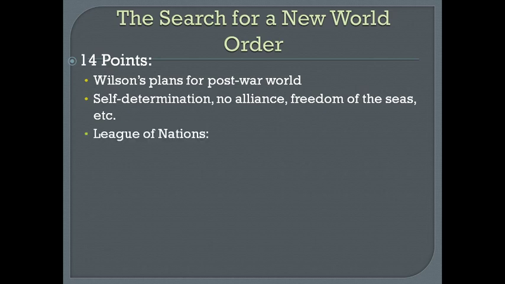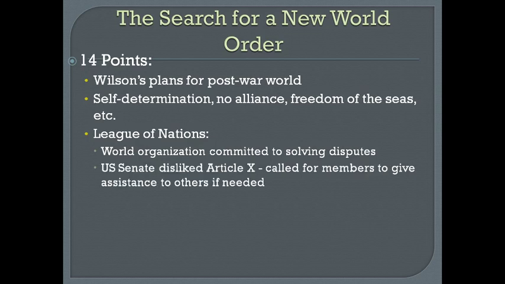And something he definitely advocated for was the League of Nations, which is pretty much like the present-day UN. And what it was is a world organization committed to solving disputes. So other nations would talk about disputes before going to war over it.